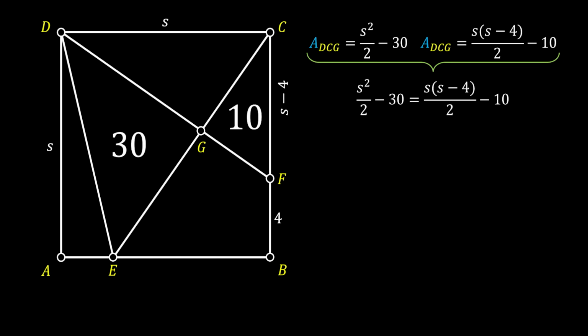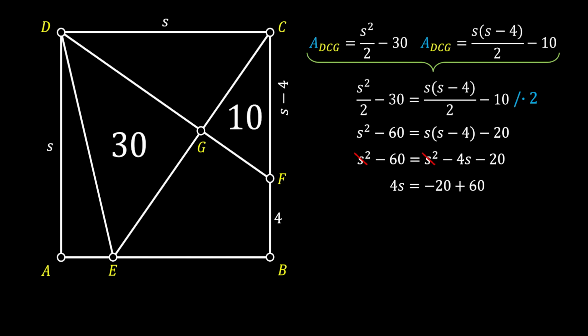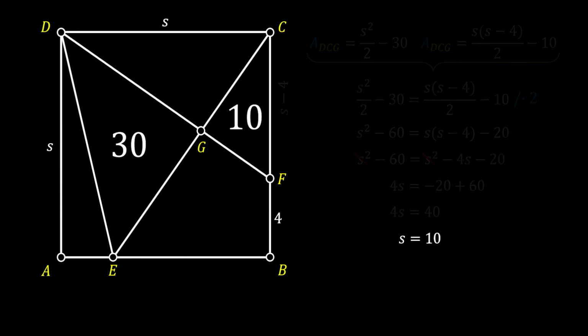Now, let's multiply everything by 2 to get rid of the fractions, and then let's use the distributive property on the right side, and we will get the following. Now we can cancel S squared on both sides, and if we rearrange our terms, we will get the following. From here, 4S will be equal to 40, which means that S must be equal to 10.